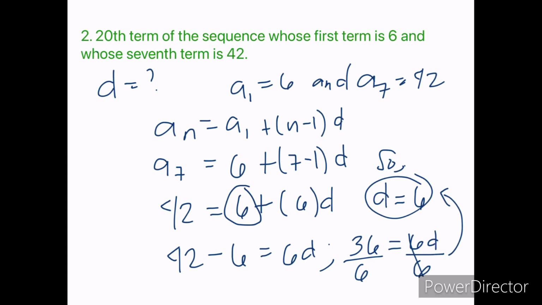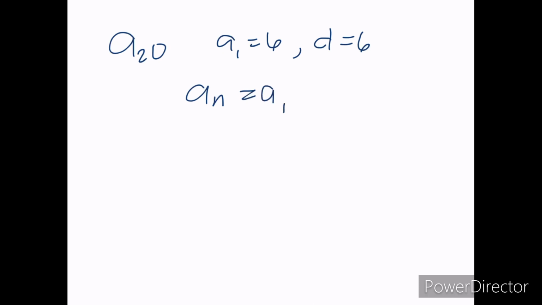It's not done yet. We need to find the 20th term, or the a sub 20, by substituting again the value of our a sub 1, which is 6. Our d is equal to 6. In our formula, a sub n equals a sub 1 plus n minus 1 times d.